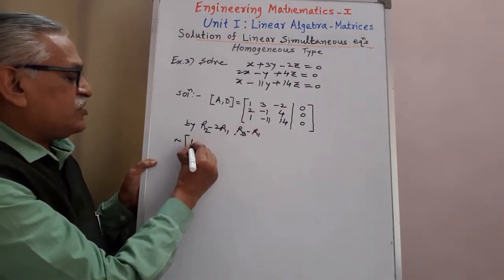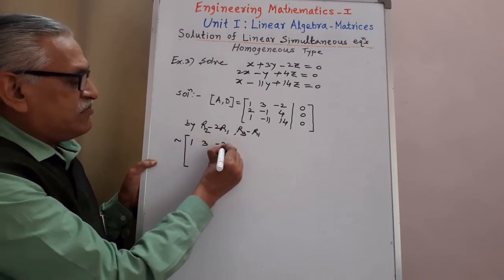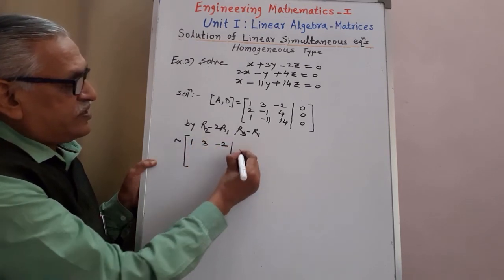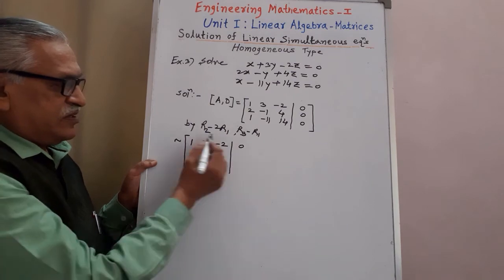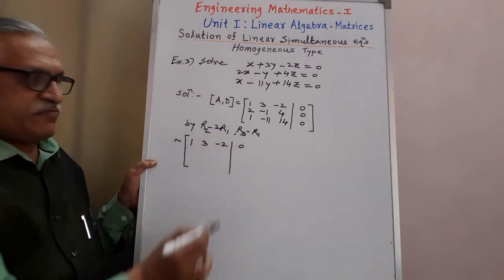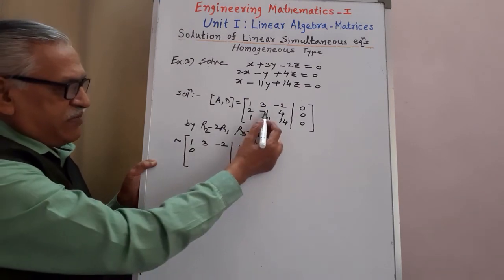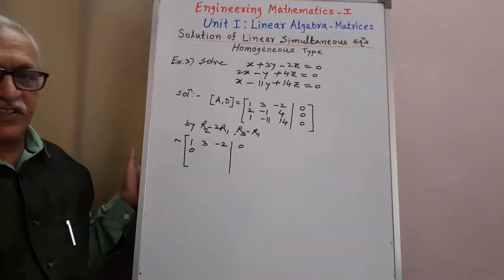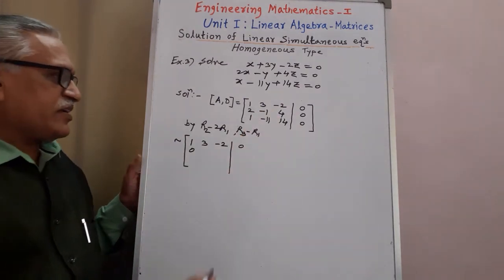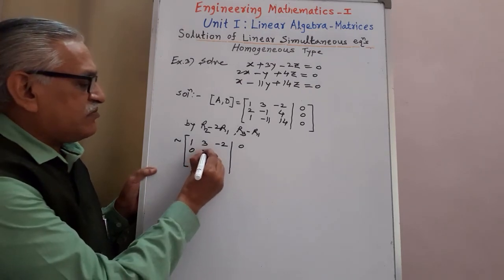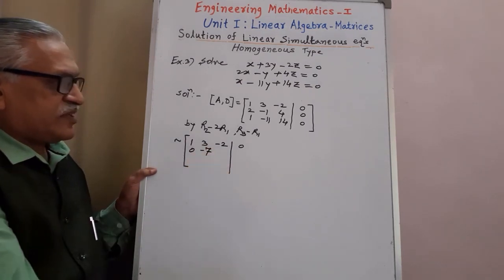First row no change, 1, 3, minus 2 and 0. Applying R2 minus 2 R1, 2 minus 2 we get 0 here. Minus 1 minus 3 is minus 4... minus 1 minus 6 we get minus 7.